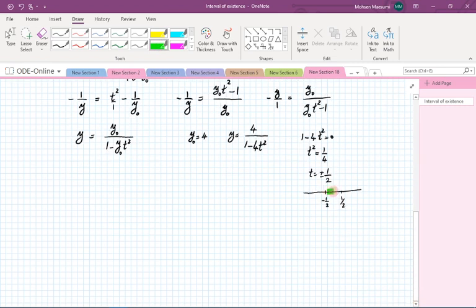So out of these 3, this is the one that's going to be picked. So for this particular case, my t is going to be limited from minus 1/2 to 1/2. If y0 were 4, my domain of existence would have been between 1/2 and minus 1/2.